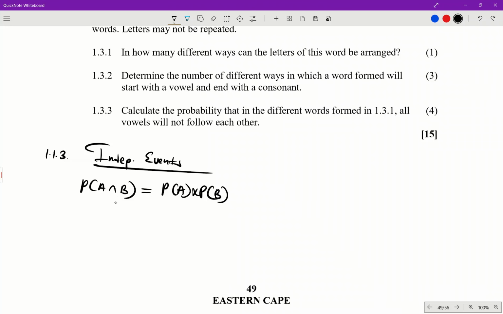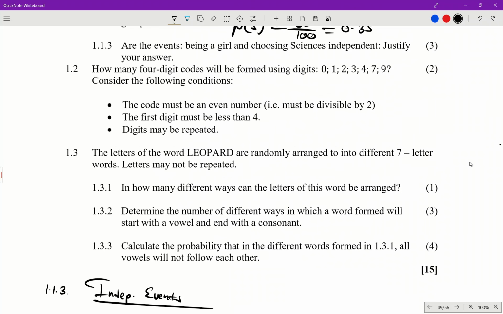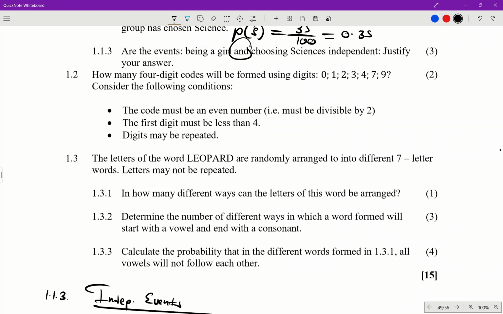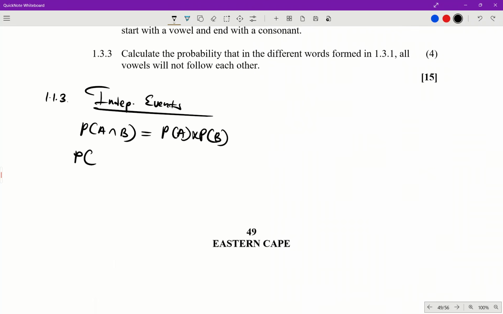So it means the left-hand side is equal to the right-hand side. Since we are dealing with the probability of being a girl and choosing science, be careful there, guys. This symbol that you see there is the intersection.